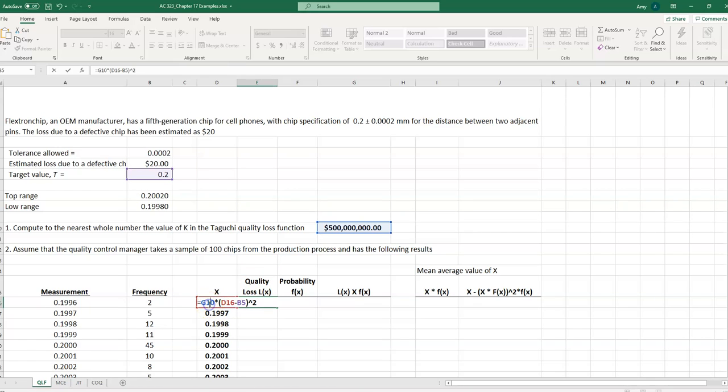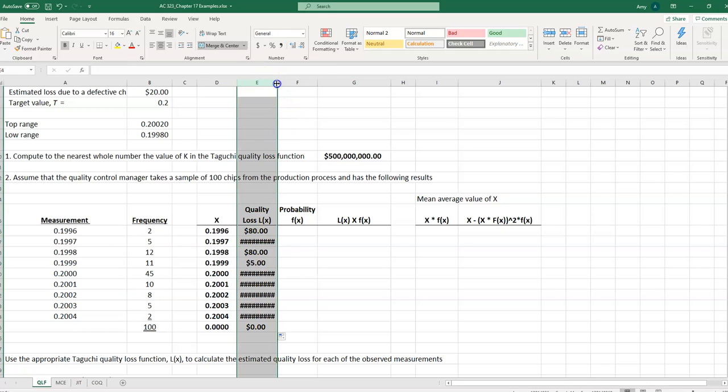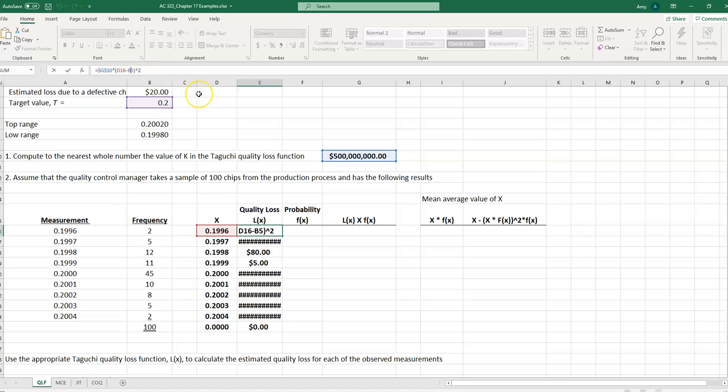We're going to lock the cell with K in it so we can copy that formula down. Let's also lock the target value cell.